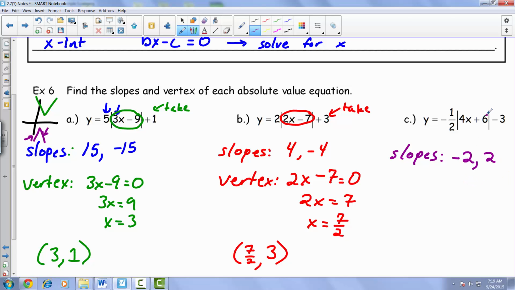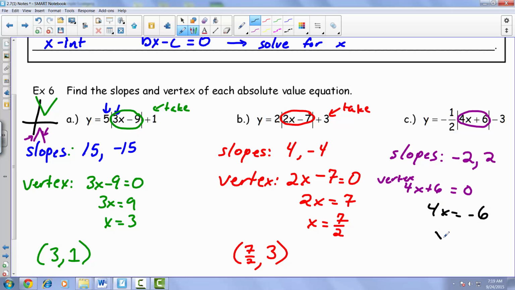Going ahead and setting this inside part equal to 0, we can find that x value for our vertex. So then we end up with 4x plus 6 is equal to 0. And again, this is for our vertex. Solving for x, we just subtract 6 from both sides. So we end up with 4x is equal to negative 6.